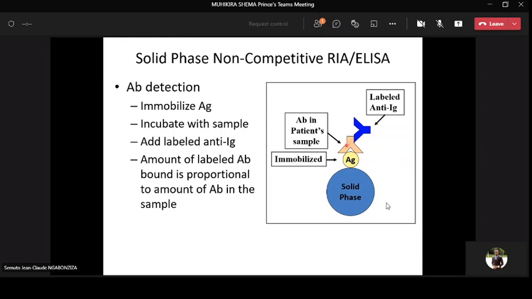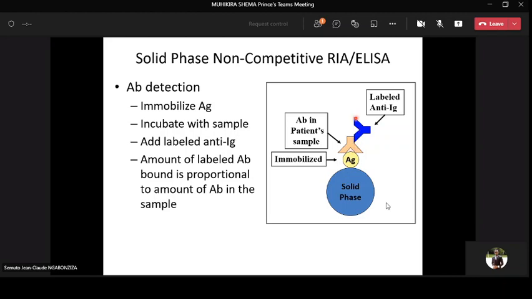Kubera ko izi antibodies nazo zishobora kuguma cyangwa kubindinga kuri antigen, ariko iyo zitari specific to this antigen will just be washed out. And by washing, what is remaining will be specific bind, and can be revealed by adding a labeled anti-immunoglobulin specific to this antibody.